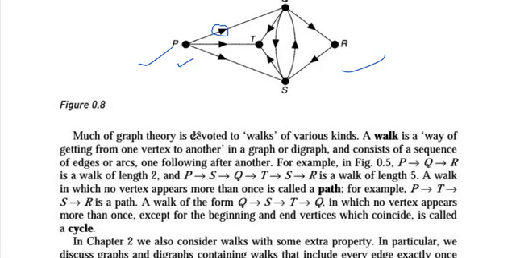Much of graph theory is devoted to walks of various kinds. Again, a new definition: a walk is a way of getting from one vertex to another in a graph or digraph.